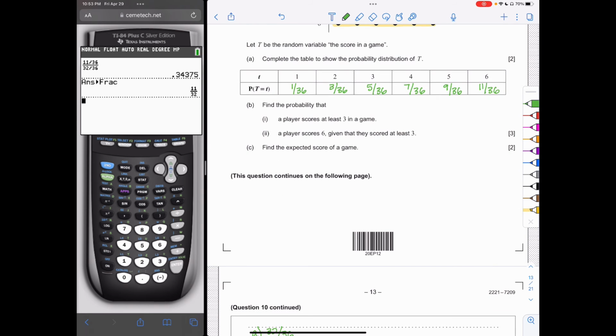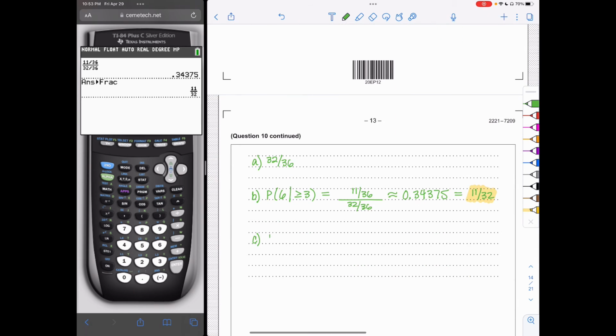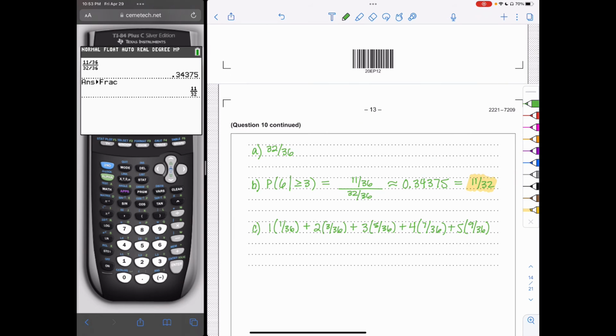So if we did that, we're going to have 1 times 1 over 36 plus 2 times 3 over 36 plus 3 times, the next one was 5 over 36, plus 4 times 7 out of 36, plus 5 times 9 out of 36, plus 6 times 11 out of 36.